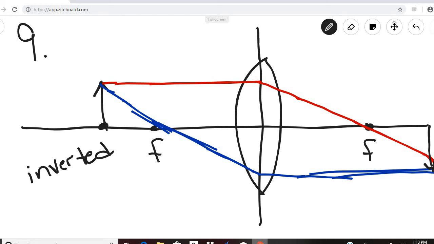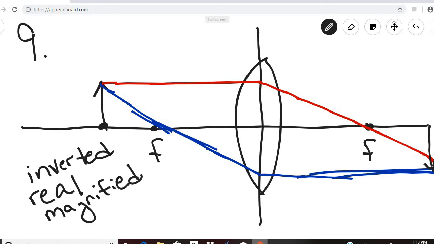And it's a little hard to tell, but it is a real image because those lines will actually intersect with each other over here. And it also will be magnified. If you draw it more to scale than I did, you should see that it is magnified.